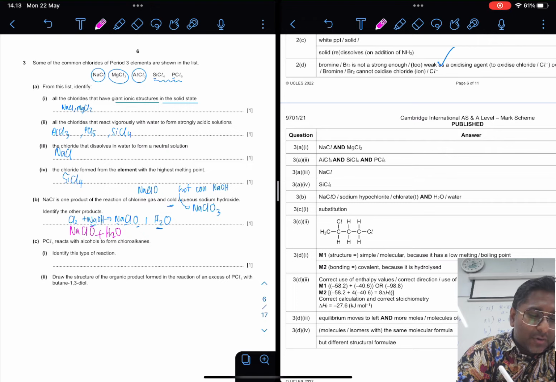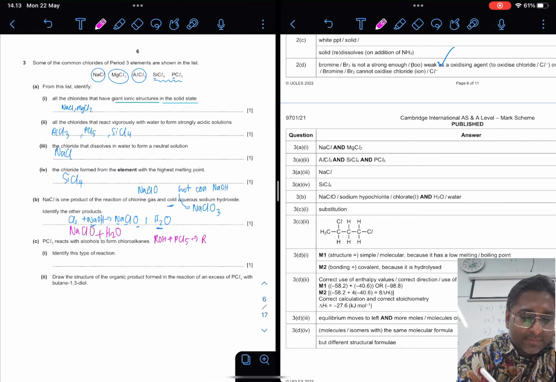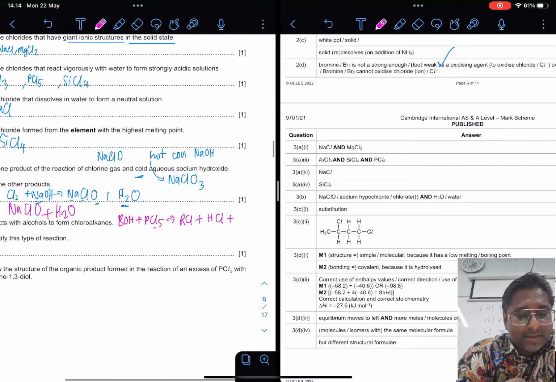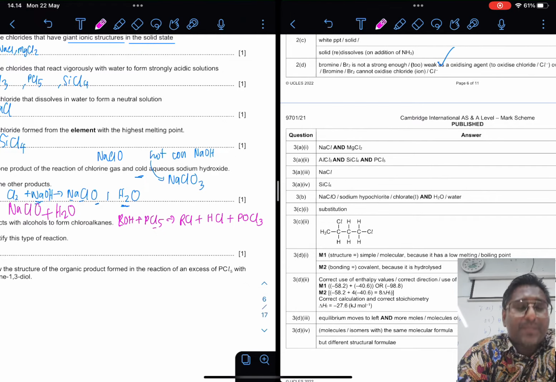So ROH plus PCl5, you will have RCl plus HCl, and then POCl3.